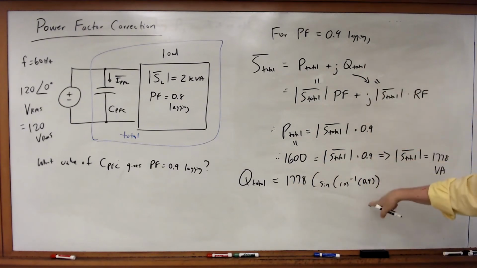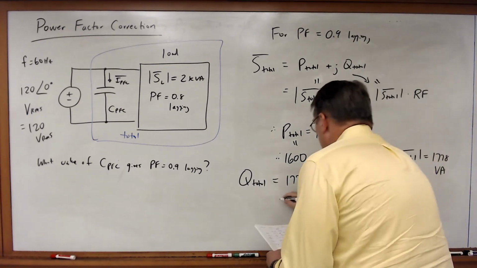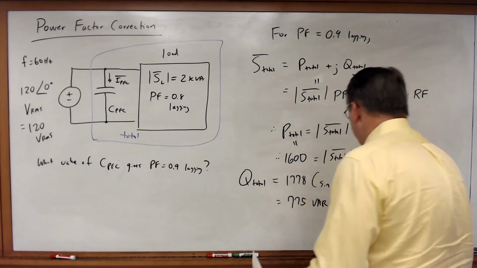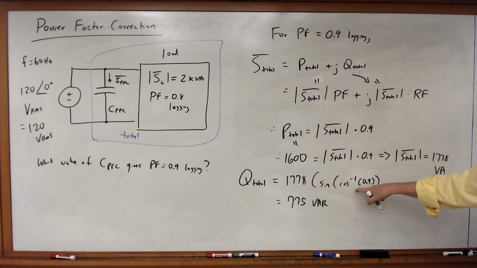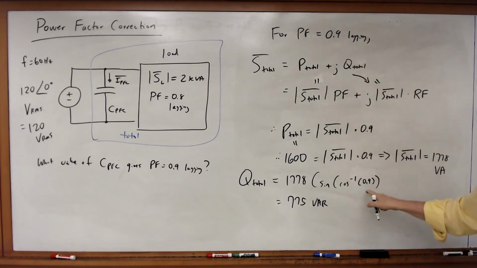That's our desired power factor, and this gives us 775 VARs once we calculate this. Once again, when I take that inverse cosine, since it's a lagging power factor, we choose the positive power factor angle. Okay?